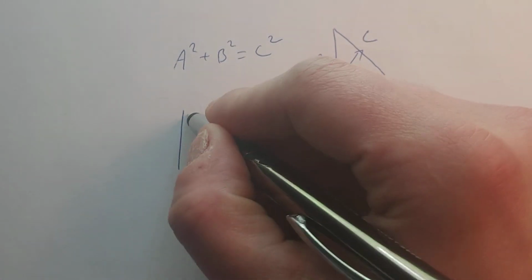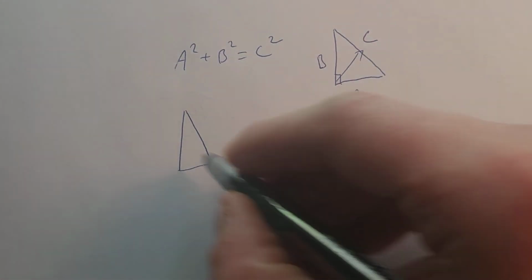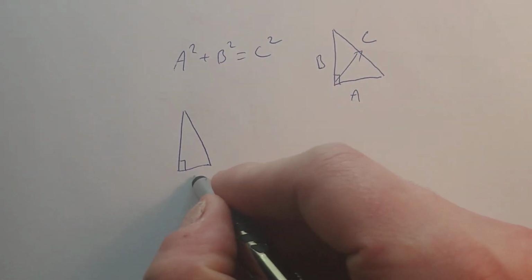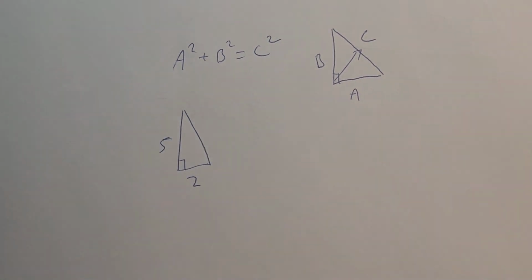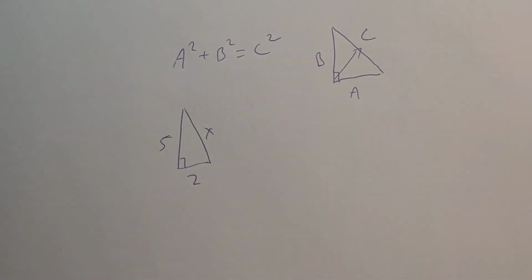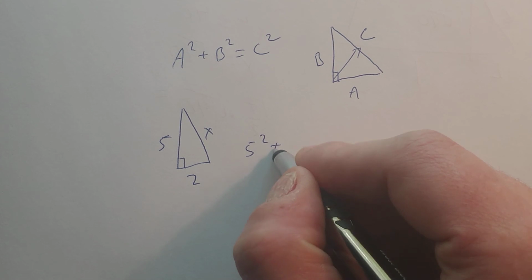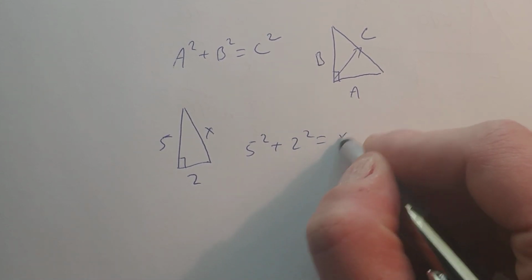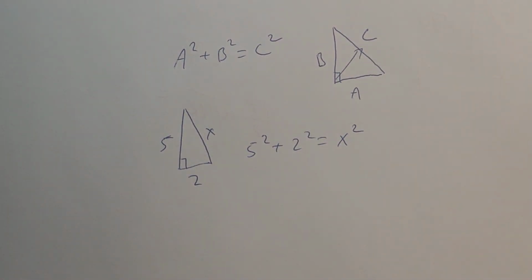So if we were looking at a triangle, let's say that this is 2 and this is 5. So if I wanted to solve for that hypotenuse x, I would just go 5 squared plus 2 squared equals x squared. And I can put that in my calculator.